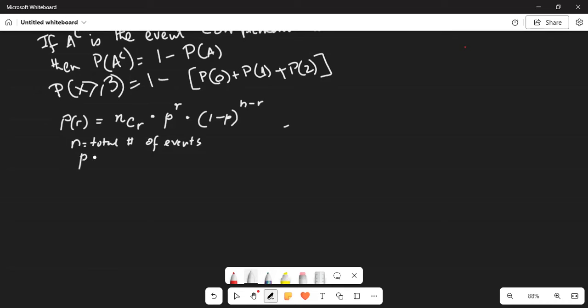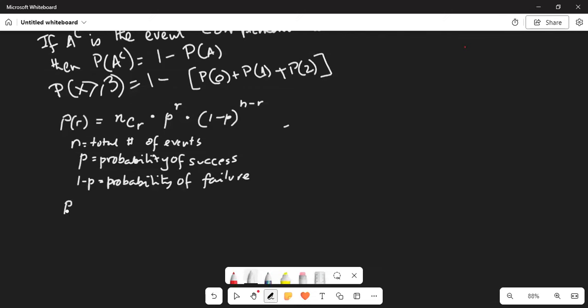N is your total number of events, small p is the probability of success, and 1 minus p is the probability of failure. So in my case, probability of 0, nothing is failing, will be 50 combination 0.